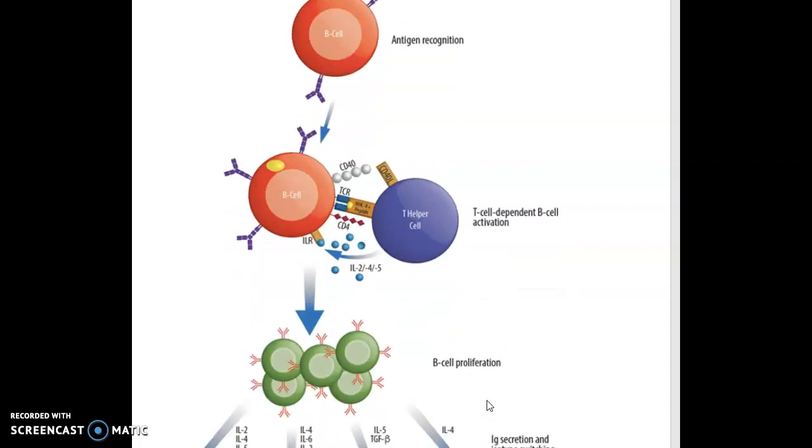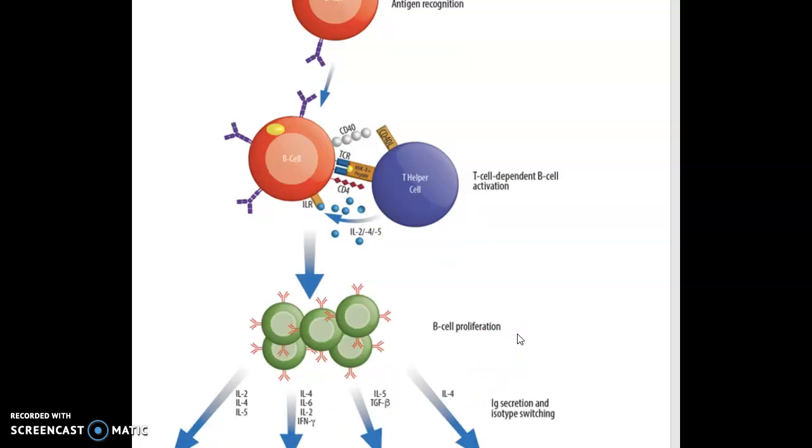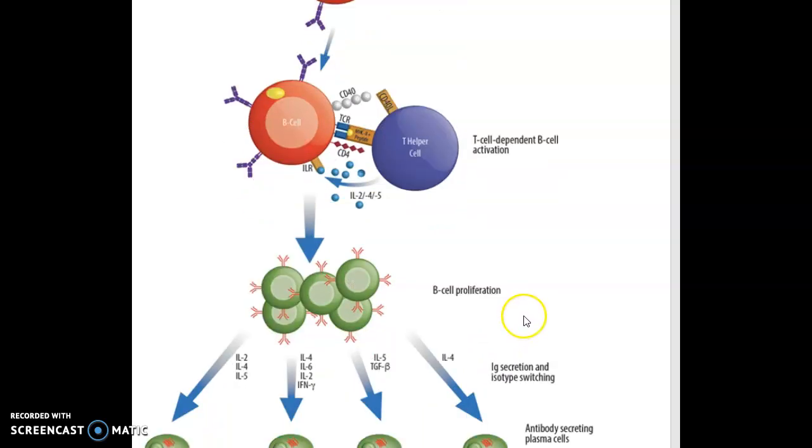We call that B cell proliferation, and it will form first hundreds, then thousands, and then tens of thousands of cloned B cells.